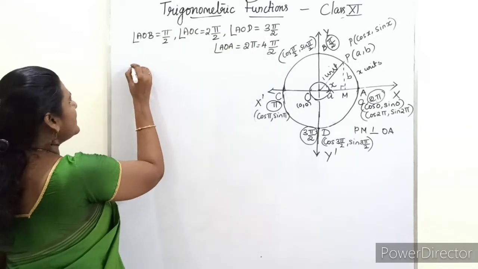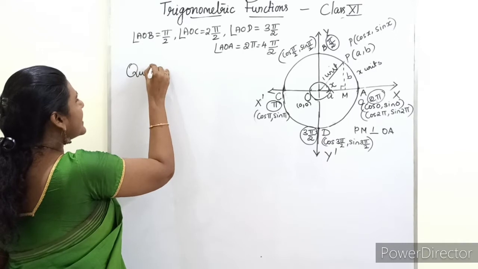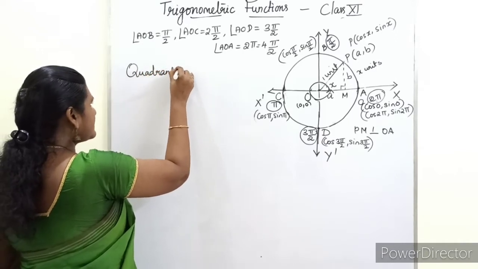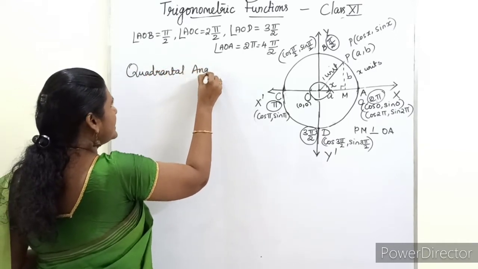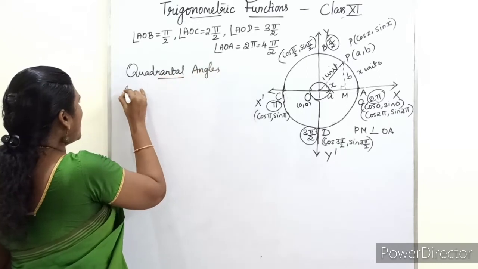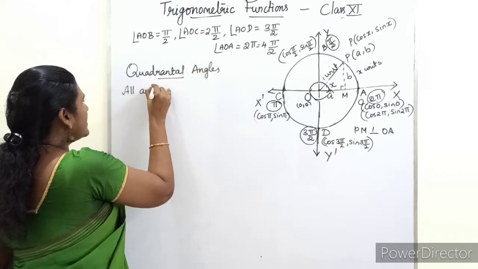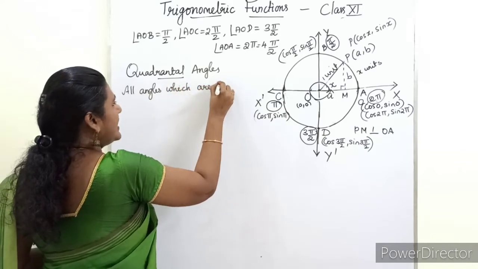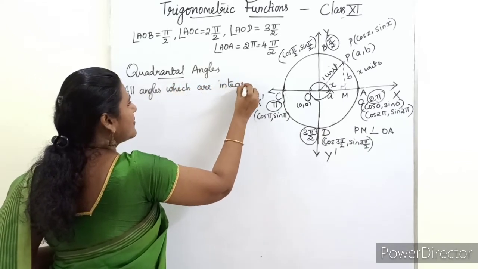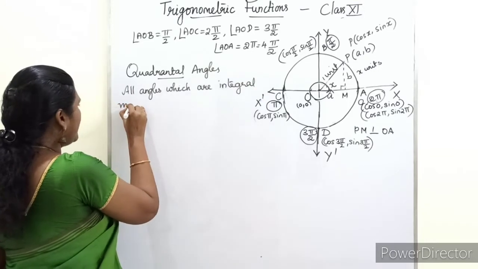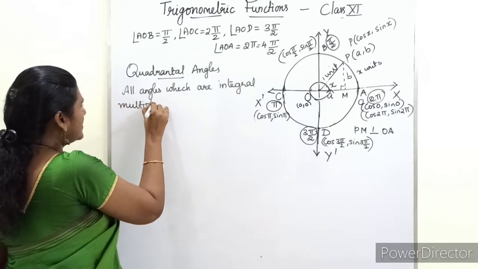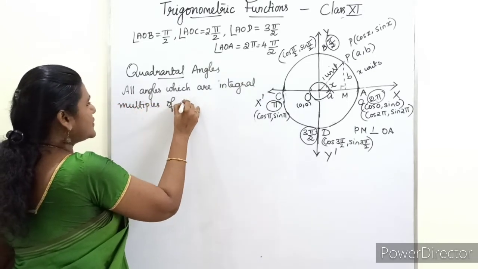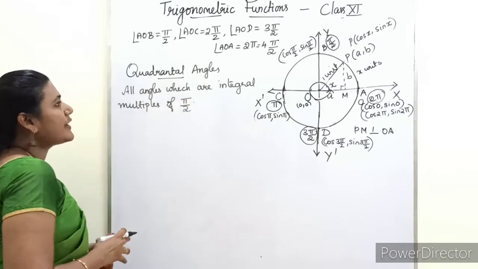So such angles we can call quadrantal angles. So what are quadrantal angles? All angles which are integral multiples of pi by 2 are called quadrantal angles.